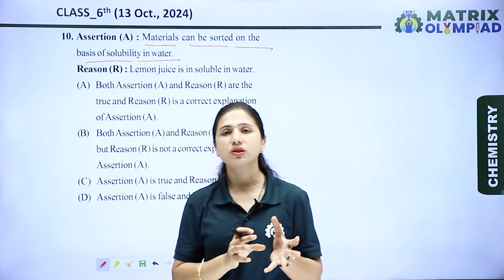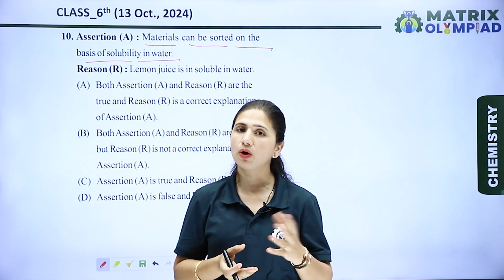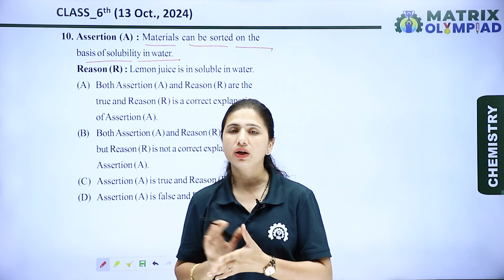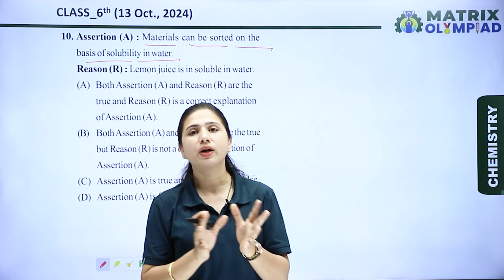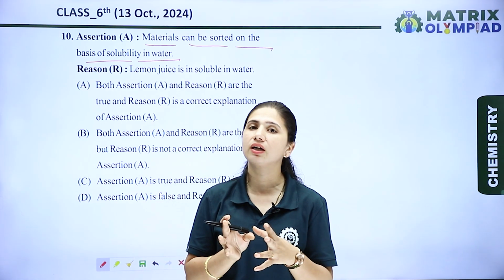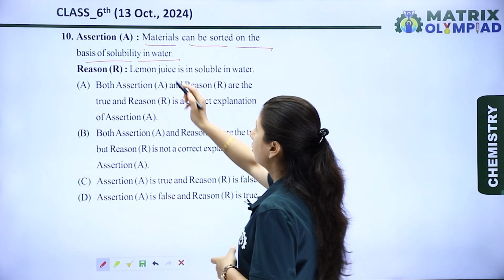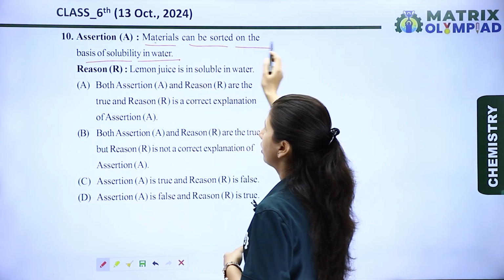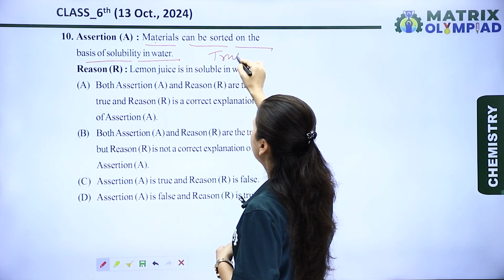Basically, the polar solutes are dissolved in polar solvents, and the non-polar solutes are dissolved in non-polar solvents. We can say that compounds are classified into two categories: first, the compounds which are soluble in water, and second, the compounds which are insoluble in water. So the assertion is a true statement.